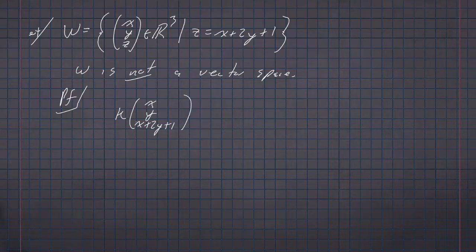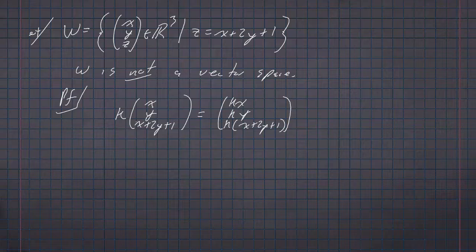So take a scalar, k, times an arbitrary vector out of W, which in this case would have the form x, y, x plus 2y plus 1. By the definition of scalar multiplication in the Euclidean vector space, this is going to be kx, ky, k times x plus 2y plus 1. And if we look at our equation, we want z to equal x, which is kx, plus 2 times y, which is ky.